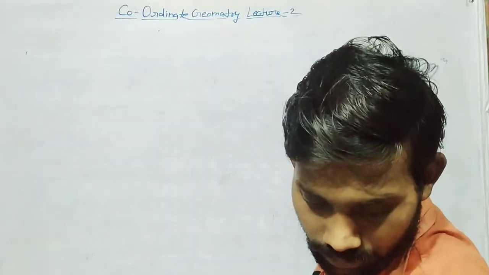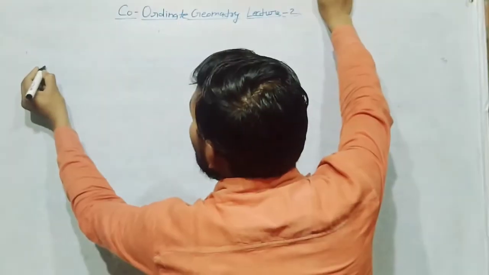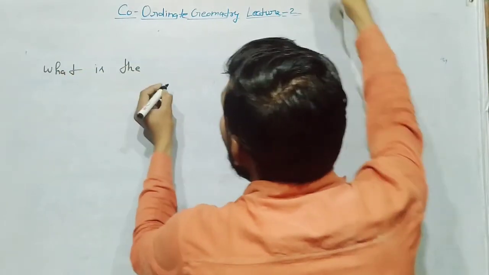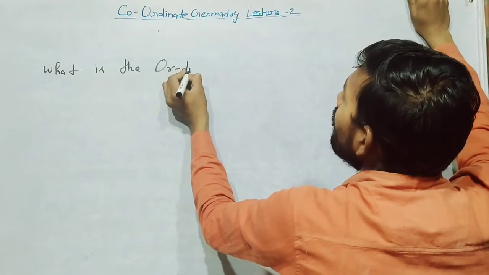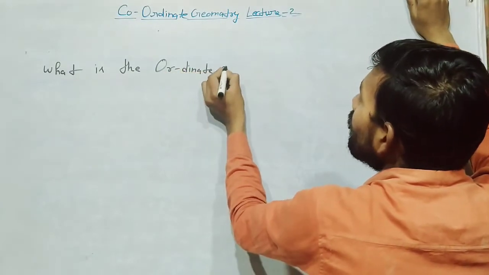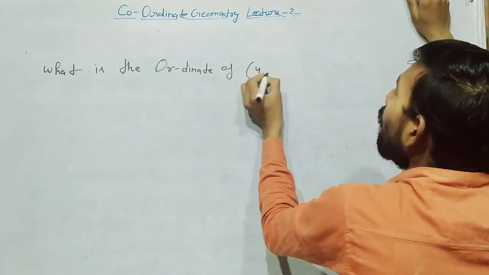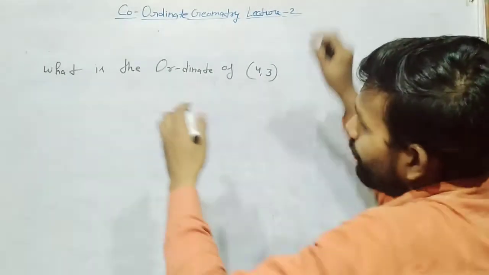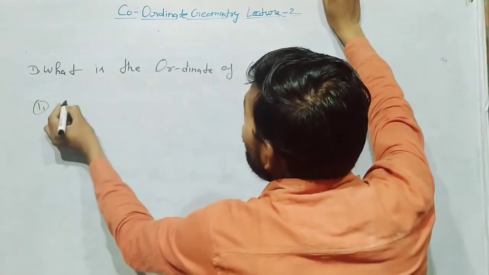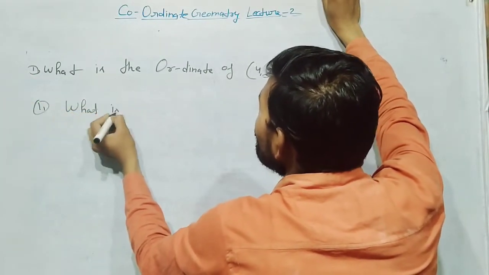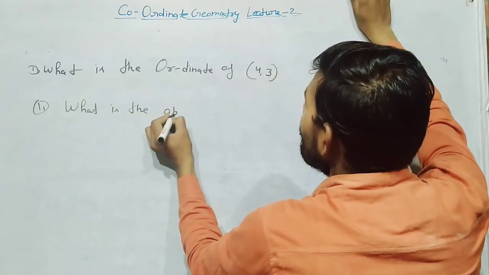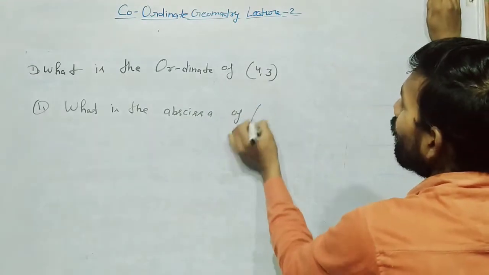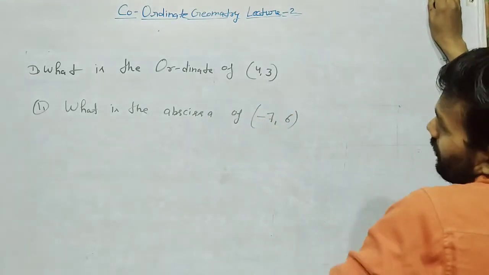Question 1: what is the ordinate of 4, 3? Second, what is the abscissa of minus 7, 6?